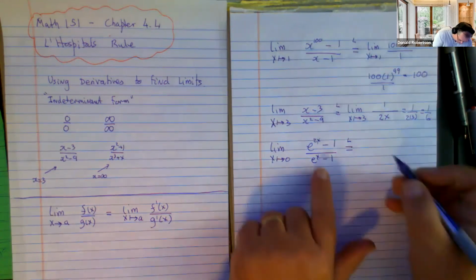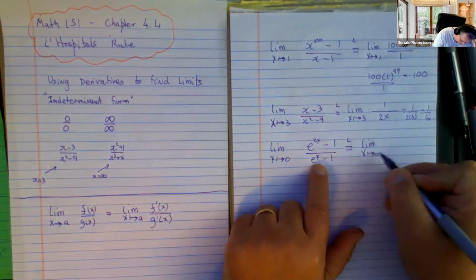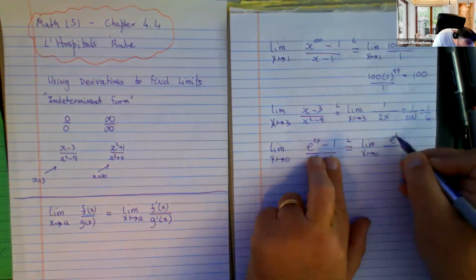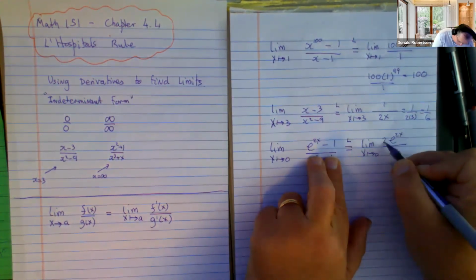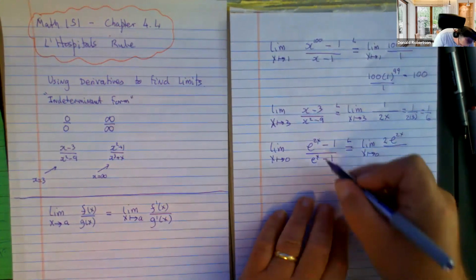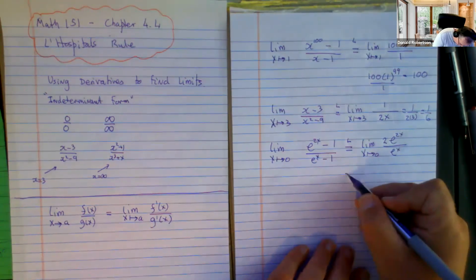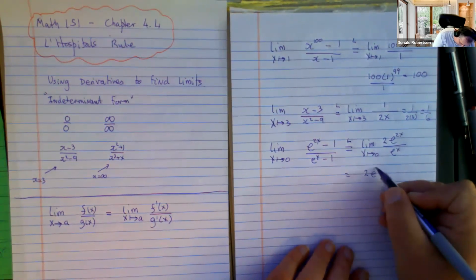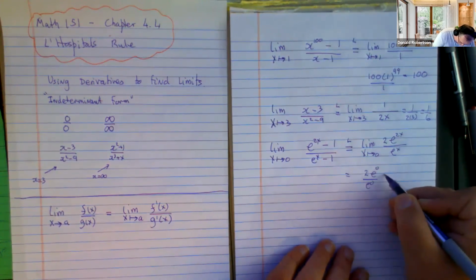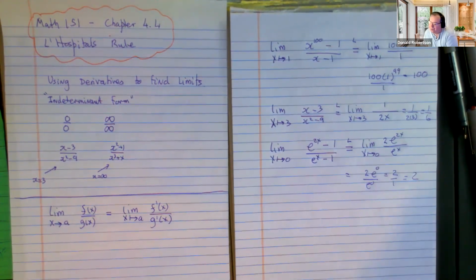Let's see what L'Hospital does. Differentiate e to the 2x. You do get e to the 2x, don't you also get a times 2? Remember, it's a baby chain rule. Differentiate e to the x minus 1, you get e to the x. Now you can plug in zeros. Technically 2 zeros and 0. So, oh, the answer's 2.